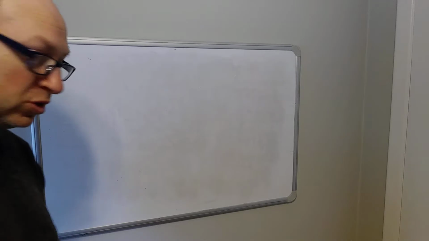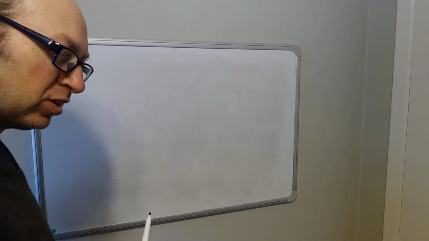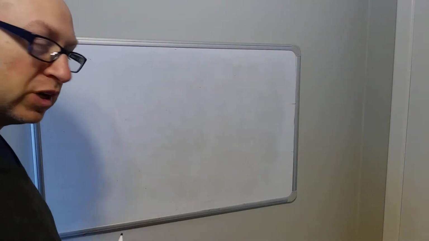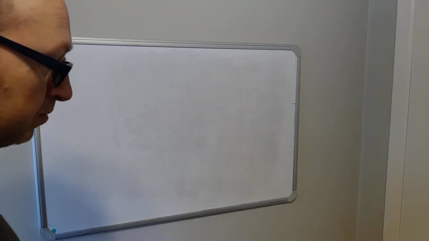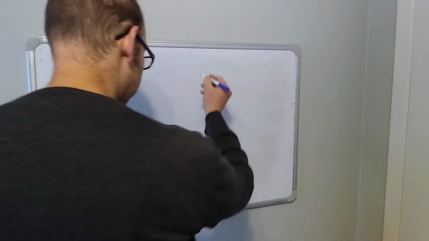So the derivation is a little bit involved. So for this video I'm going to skip the derivation and just give you the formulas. And I'll provide some information later on how it's derived. So here's the setup.